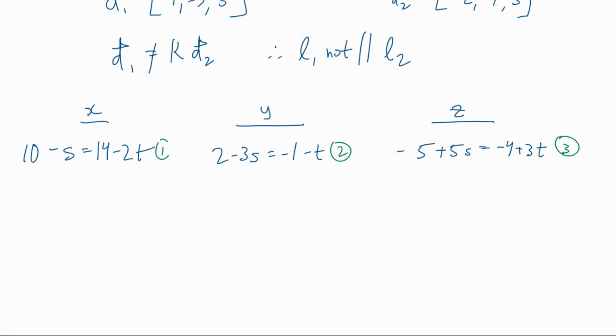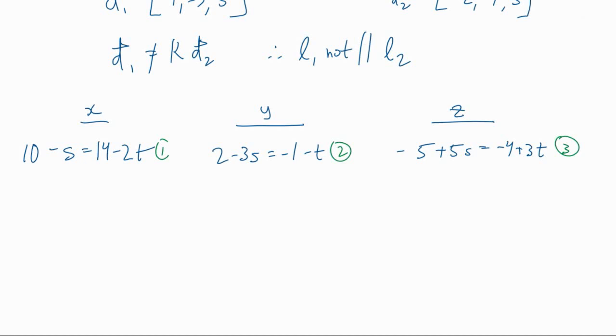So when I look at all three of these, I don't particularly see one that is going to be better than another. To me, there's none that are obvious. There was an example yesterday where we had some zeros, and so some of the parameters were gone, and so it was easy to solve for s or easy to solve for t. Of course, you're going to look for that, and if that happened in the third one, then I would use that.